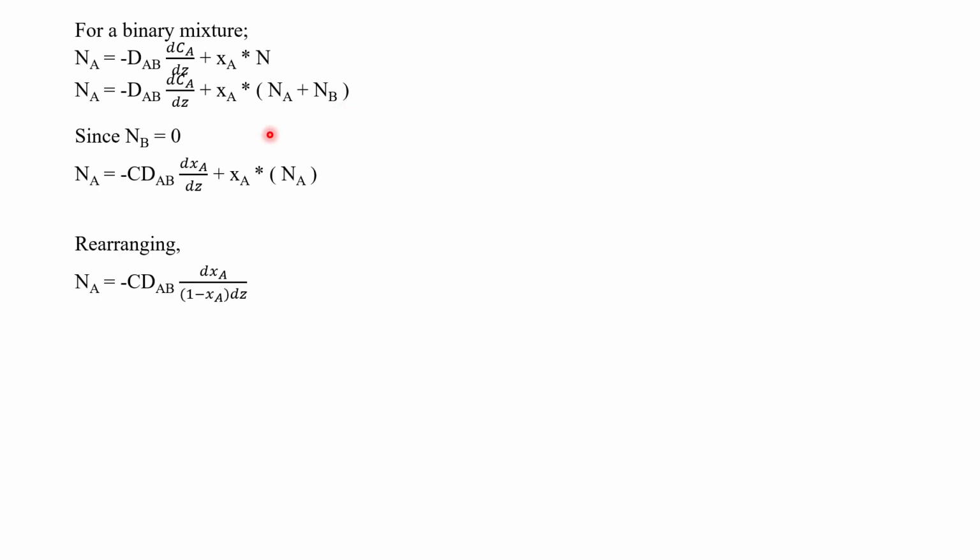For our case, NB is equal to 0, so this equation simplifies to only NA. Take NA times XA to the LHS and simplify the equation to get NA equal to this corresponding RHS term.